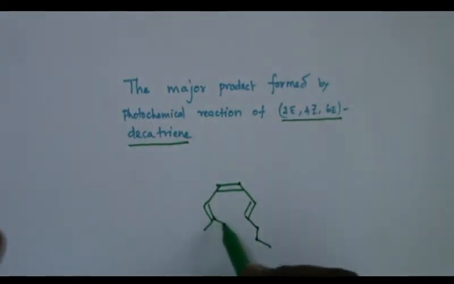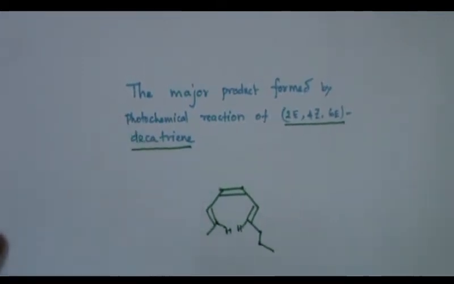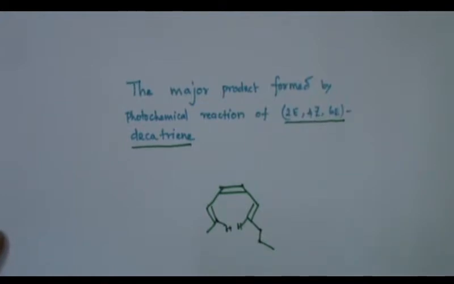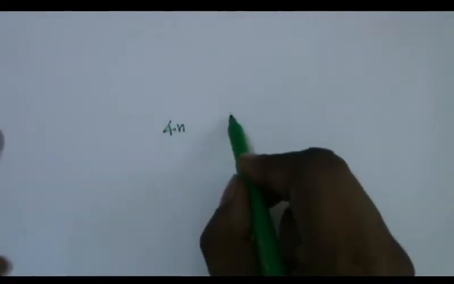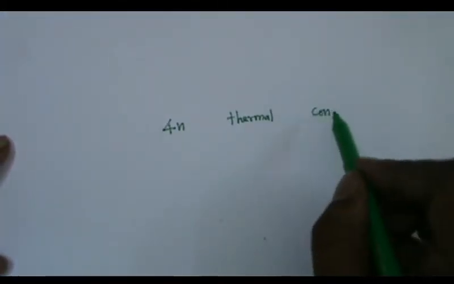When this compound undergoes electrocyclic ring closing reaction under photochemical condition, what is the product? To solve this, you should know the condition. That is, 4N system under thermal condition undergo conrotatory.